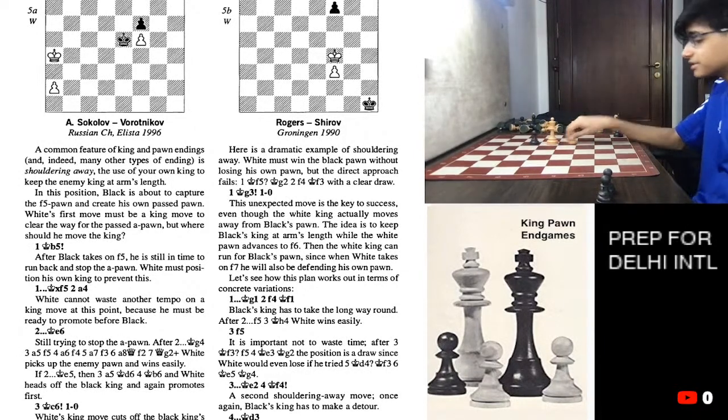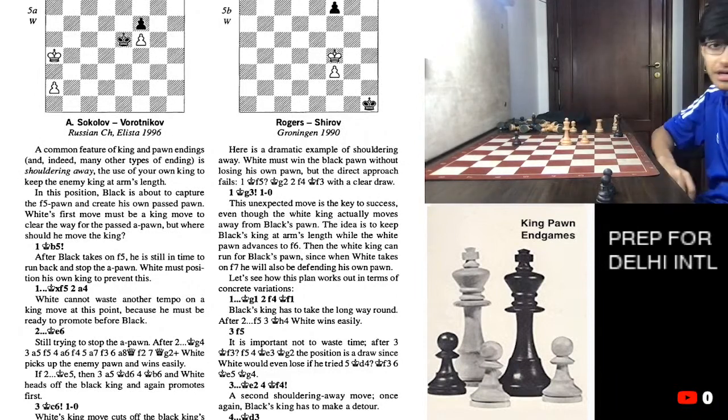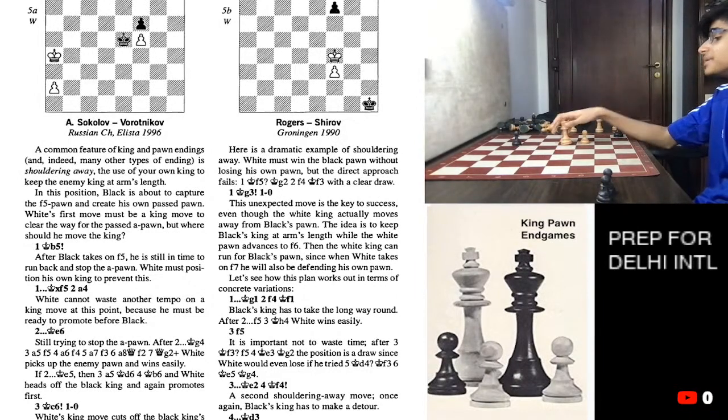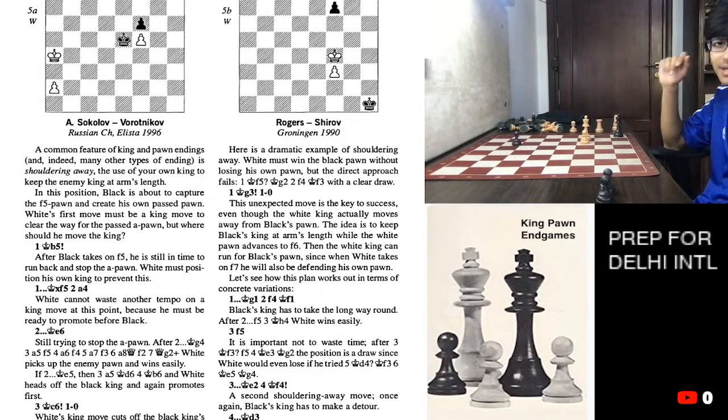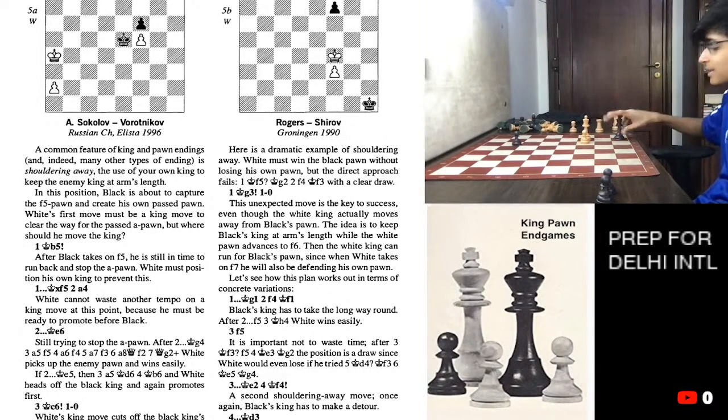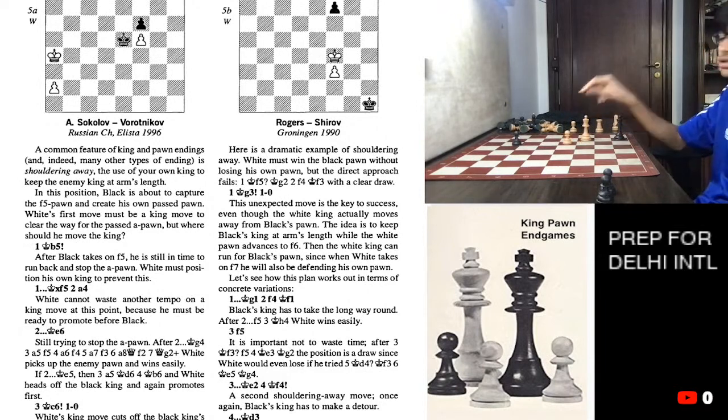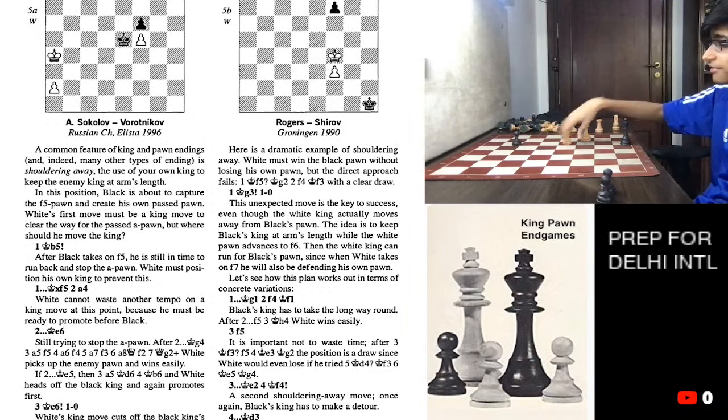Hence, we go back to the initial position, and over here, the right move to actually win is king to g3. This is the extreme way of shouldering black's king. Now, when the black king goes to g1, we push f4, and after king f1, we push f5.